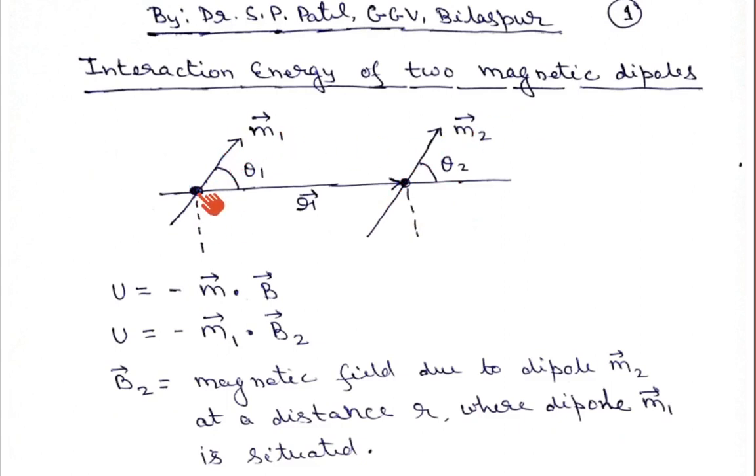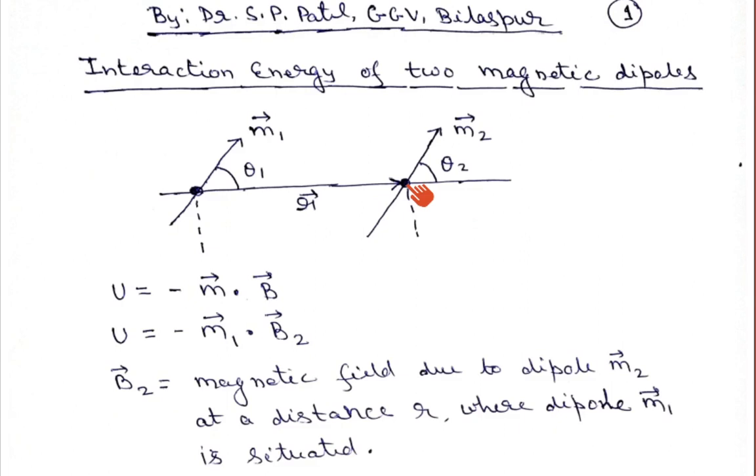Or we can also consider that this dipole will also produce a magnetic field, and we can calculate the energy by using this dipole M2. Either method is good to calculate, and the energy will be the same.